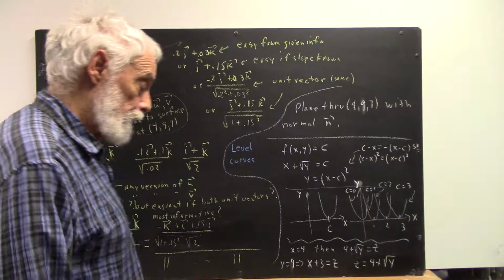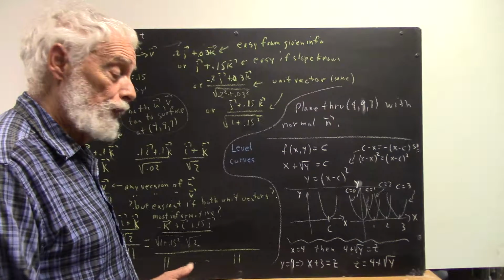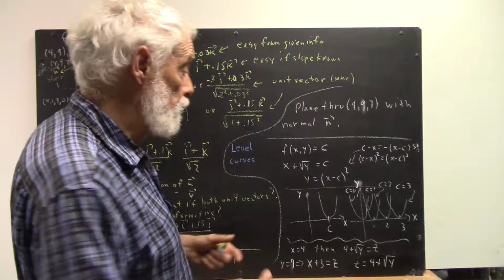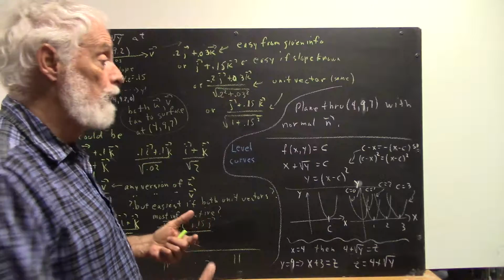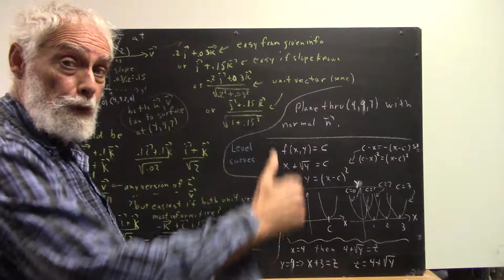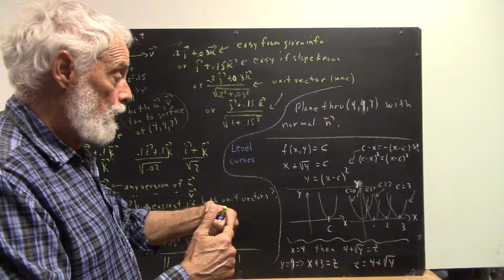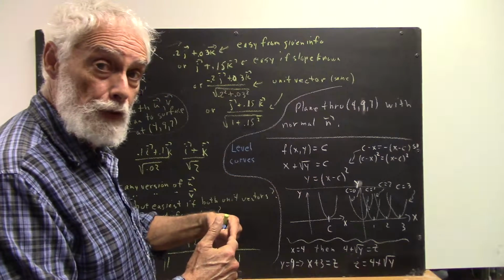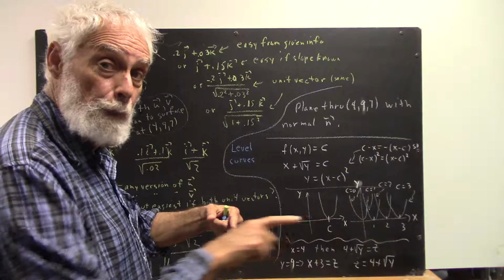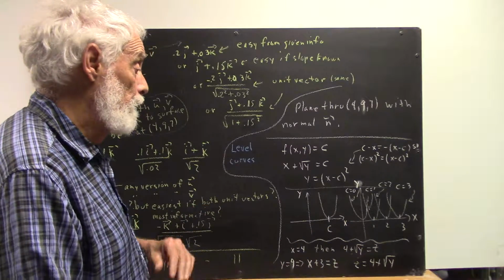Now everybody should understand that the graph of y equals x squared is just a simple parabola with its vertex at the origin. Then to get y equals x minus c squared, we have to shift c units in the positive x direction.